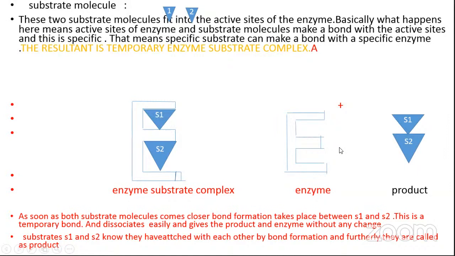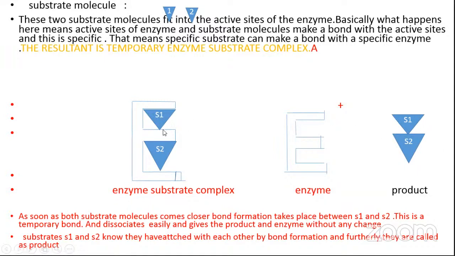So that was proved. As soon as both the substrate molecules come close, bond formation takes place between S1 and S2. See here, between S1 and S2, a bond is developed. And this is a temporary bond and dissociates easily and gives the product and enzyme without any change.